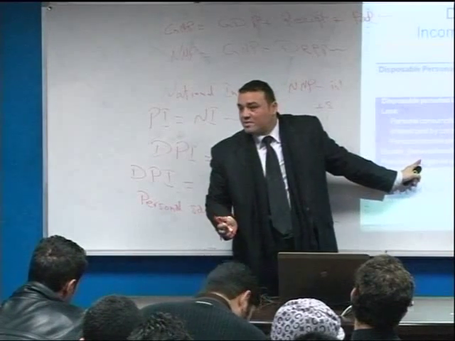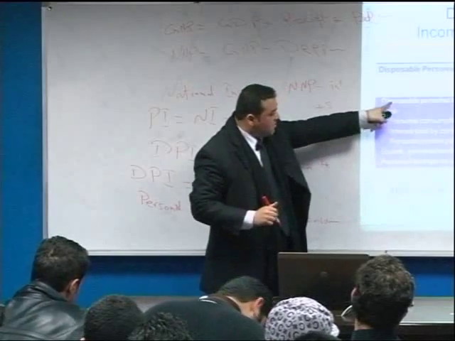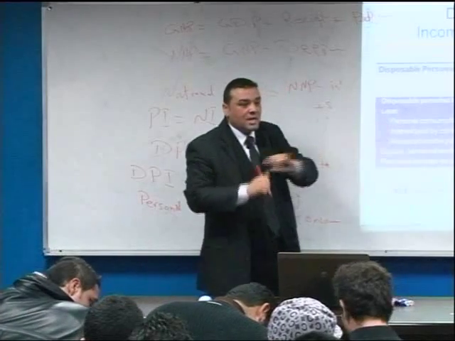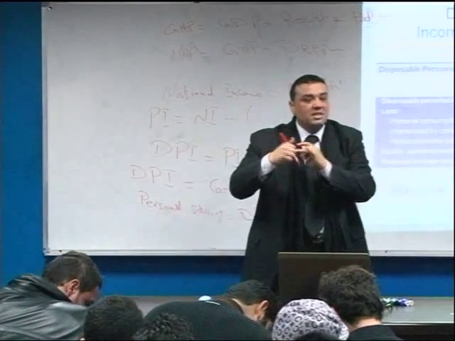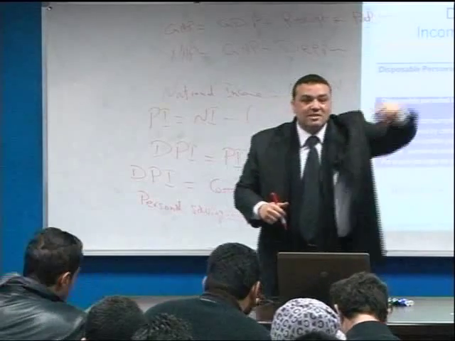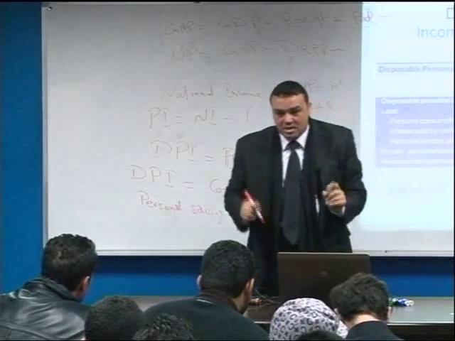So the personal saving equals disposable personal income minus الكونسامشن minus الانترست اللي انا دفعتها minus الترانسفيرز اللي انا عملتها برا as a personal.